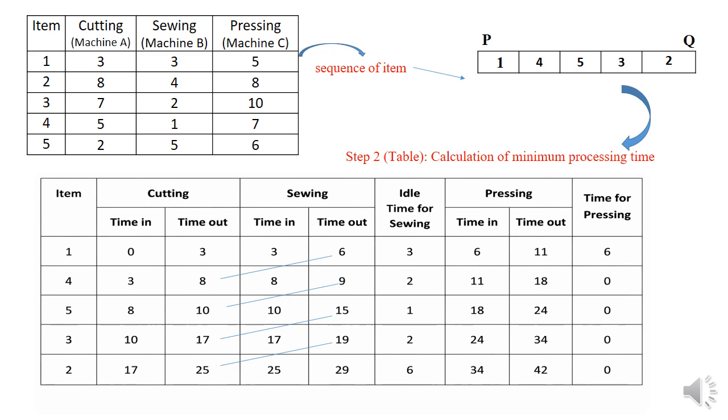So the time in of item 4 in sewing machine is 8, and the time out of sewing machine is 9, that means time in plus processing time of item 4 in sewing machine. Now the time in of item 4 in pressing machine is 11.